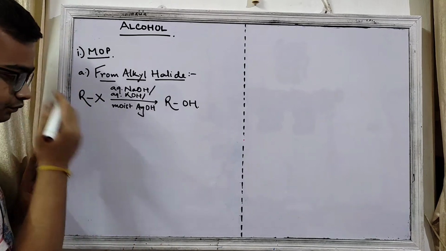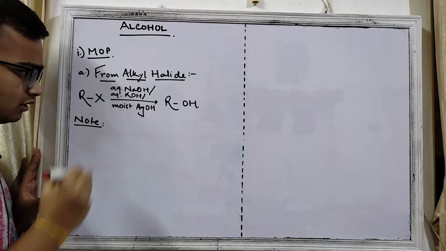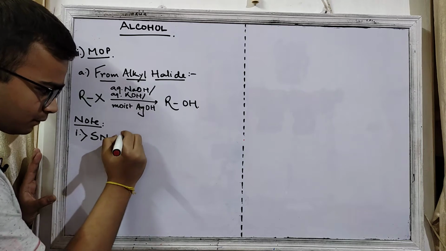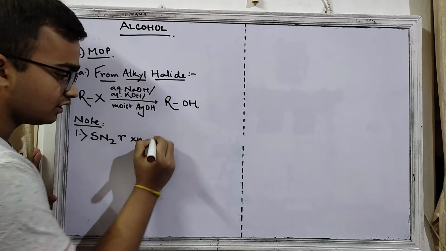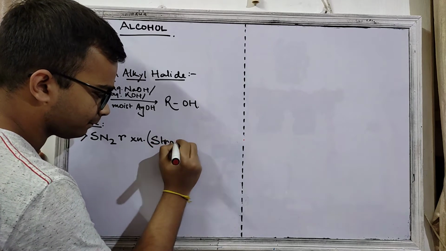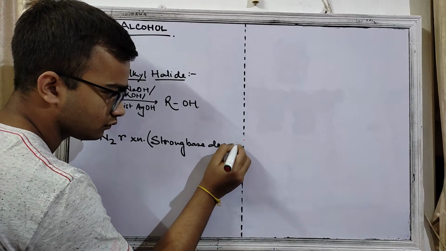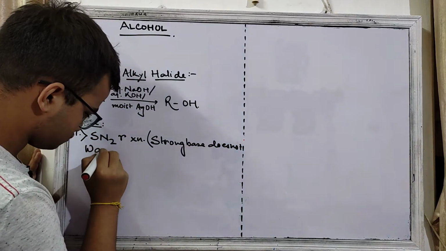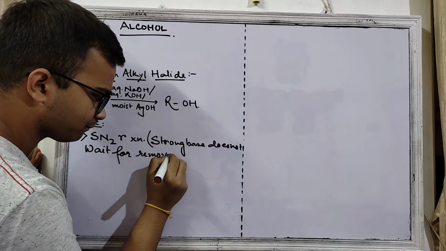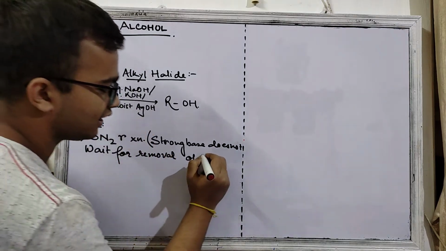Under a few points, give a few notes about this reaction. Under the notes, in the first point, this is an SN2 reaction. In brackets you write: strong base does not wait for removal of the halide or the halogen.